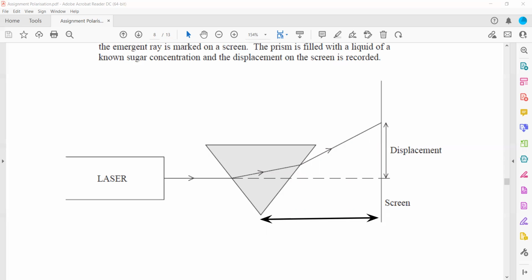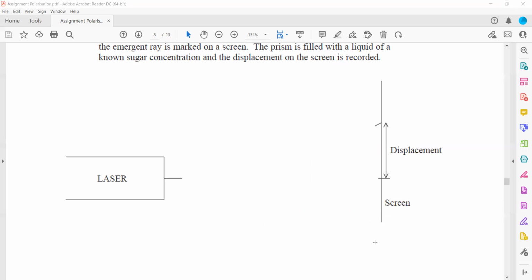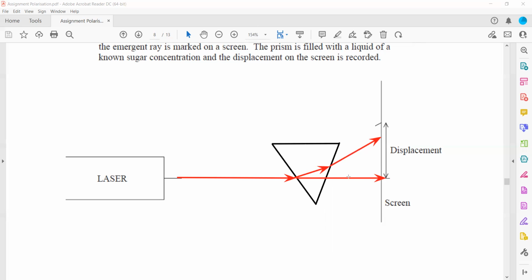For example, if the prism is placed nearby, then the displacement for the same concentration will be different from when the light passes straight. So for the same concentration, the displacement will be different.